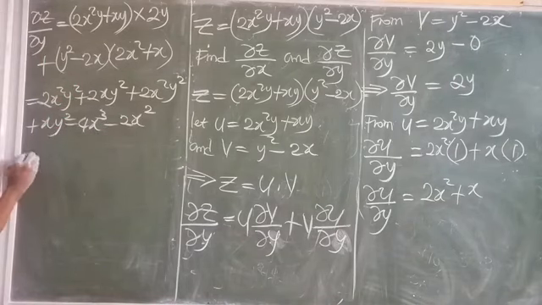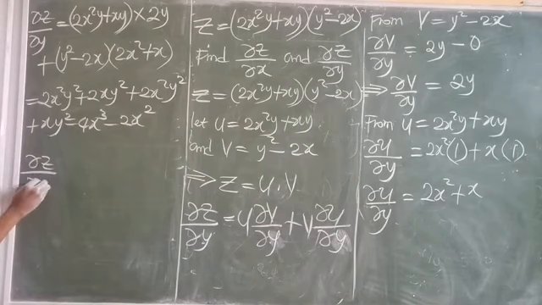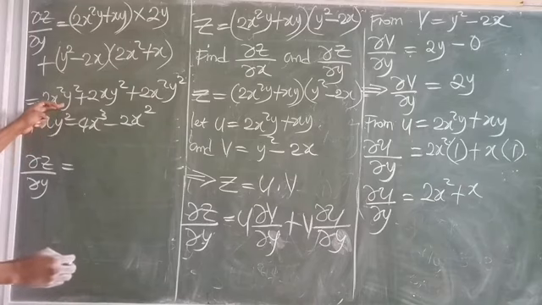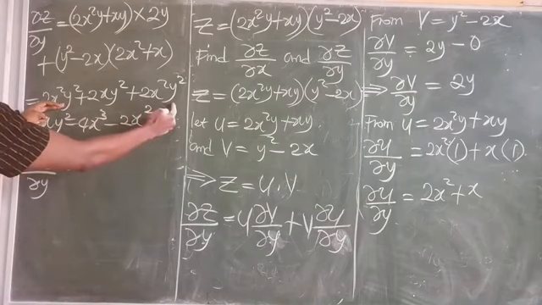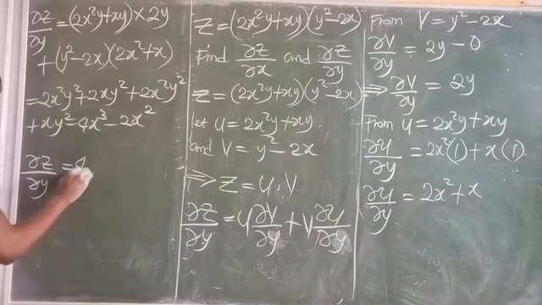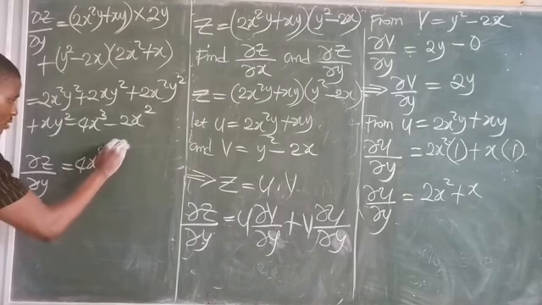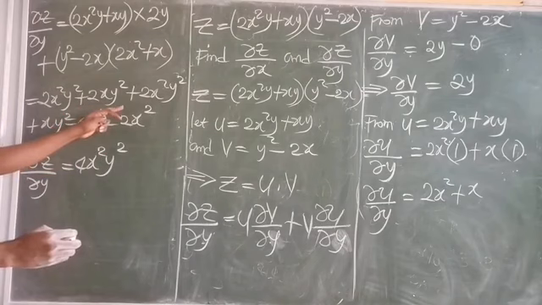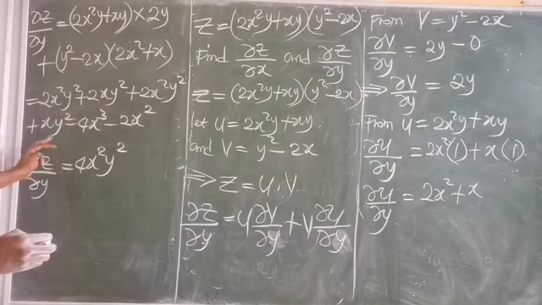So partial z partial y is now equal to, so I have 2x squared y squared, I have another 2x squared y squared, they can add. So 2x squared y squared plus 2x squared y squared simply gives me 4x squared y squared. I also have 2xy squared plus xy squared here.